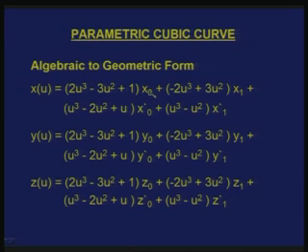What are the inputs? x0, x1, x0 prime and x1 prime. These are my input in a geometric form, which are called geometric coefficients. So, you are still supplying 12 values, but those are geometric coefficients, not the algebraic coefficients as it was done, which is inconvenient. This is more convenient.